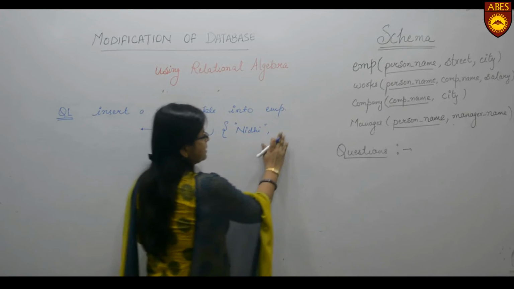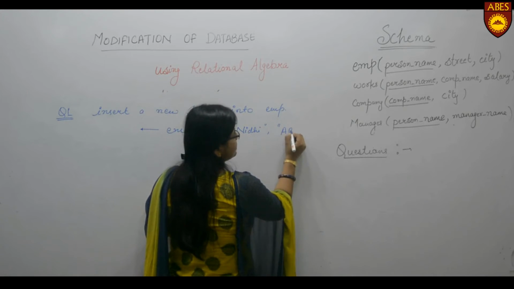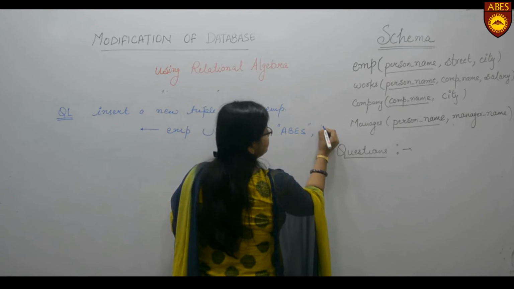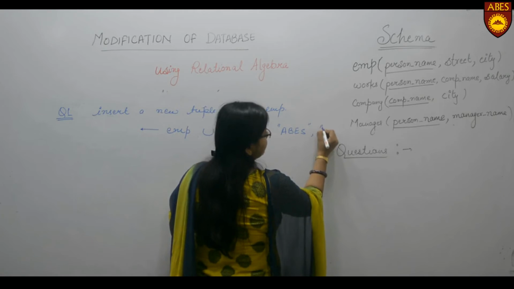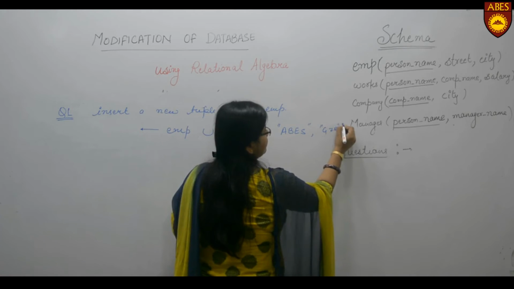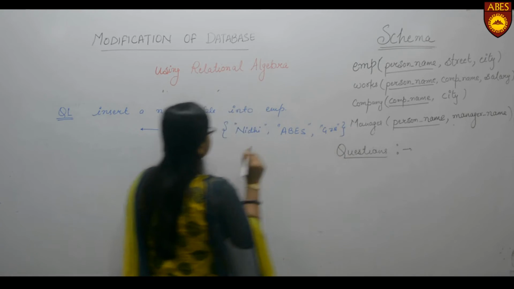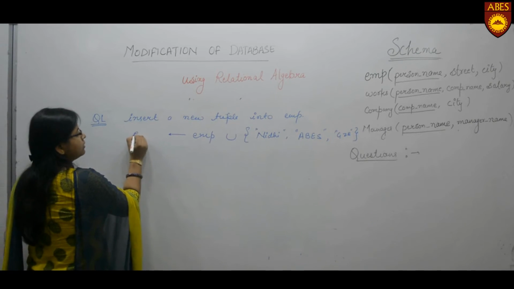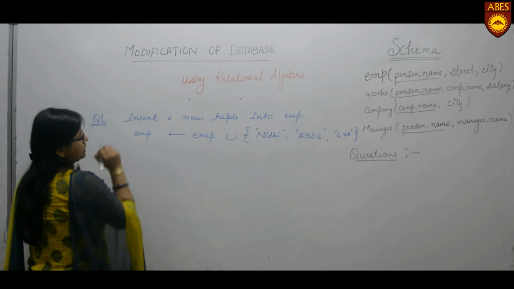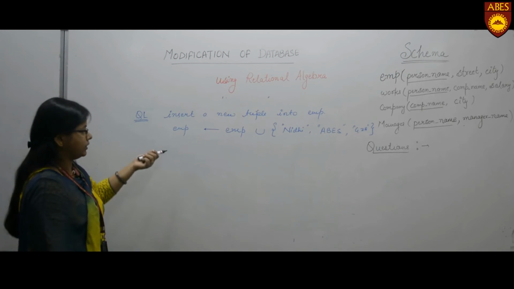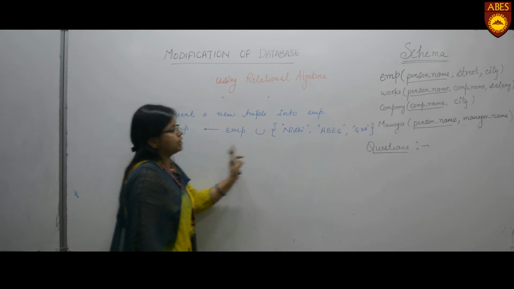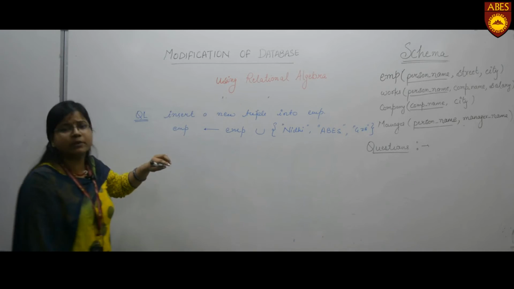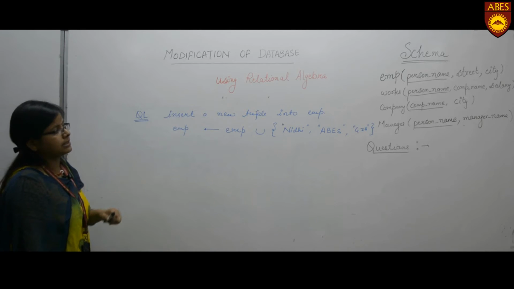The second attribute is street, so ABS. And the third attribute is city, then Ghaziabad. So I'll unite this set of values with the existing EMP relation. That will yield a new EMP relation. It's not a new relation, it's the existing one, but a combination of one more tuple with the existing tuples.